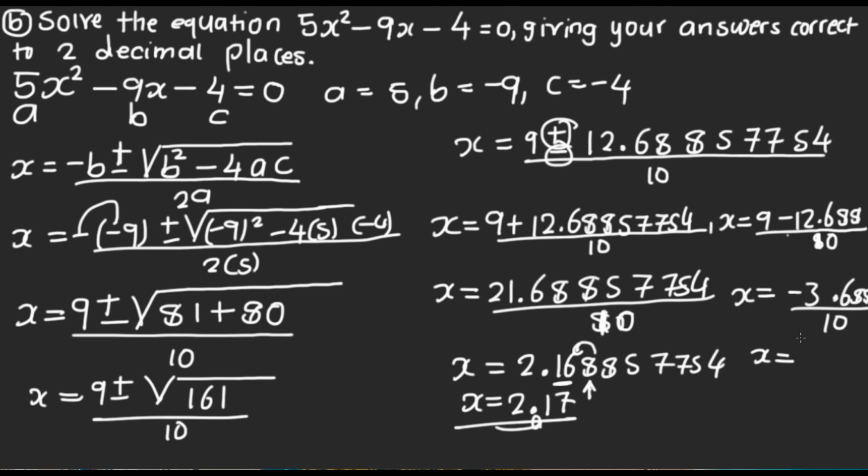If we divide by 10, then we have negative 0.368857. So if we round it off, we are going to have negative 0.37. So this is our final answer. So that's it for this video. Thanks for watching.